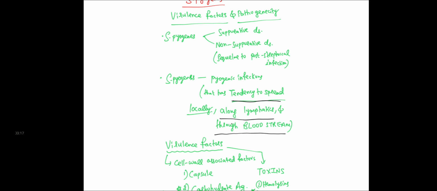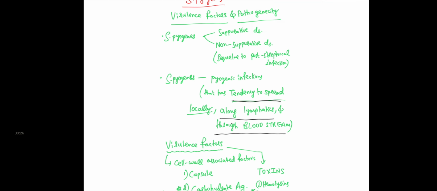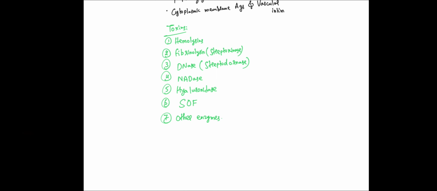Cell wall associated factors include capsule, carbohydrate antigen, protein antigen, and pili or fimbriae. The toxins include hemolysins, fibrinolysin, DNase, NADase, hyaluronidase, and other enzymes.